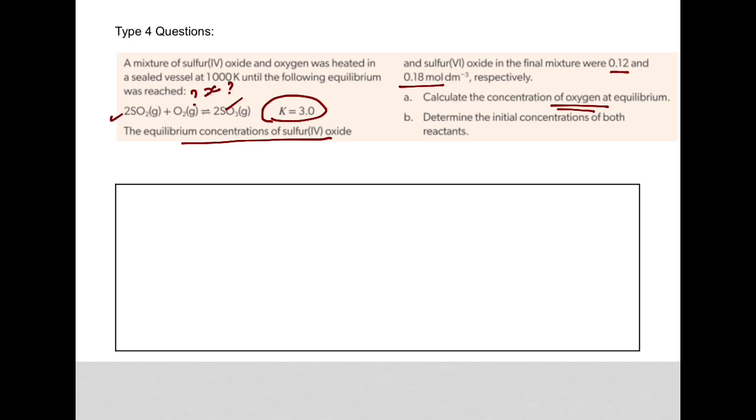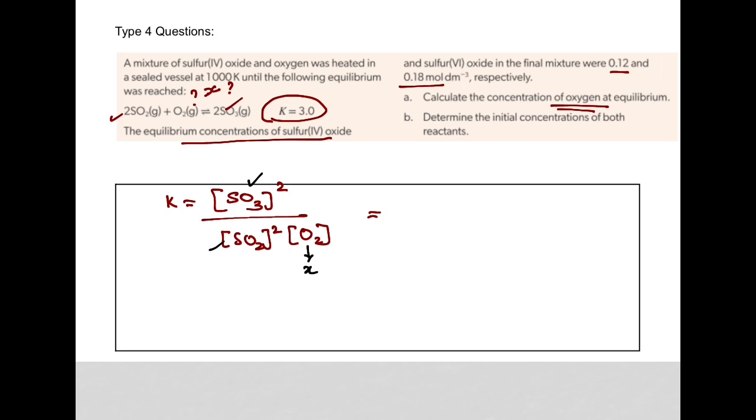So we know that K is concentration of products raised to the power divided by concentration of reactants raised to their respective powers. So these values are known, but x is this one. Let's say this is x, this is unknown. Let's fill up the equation.